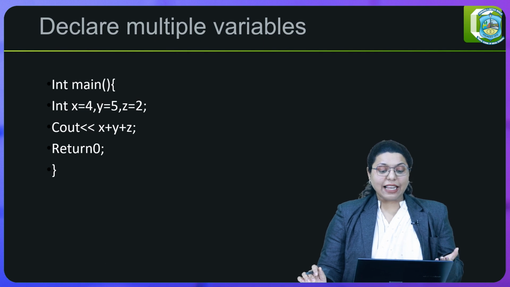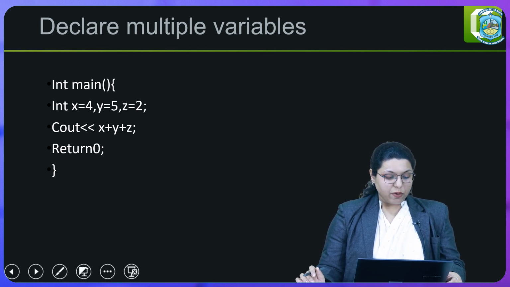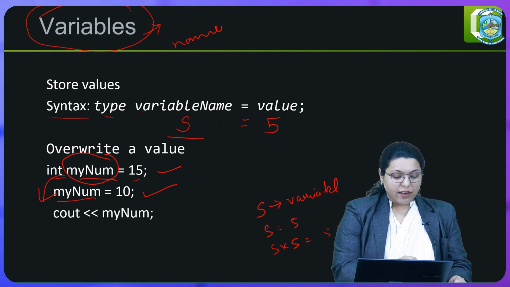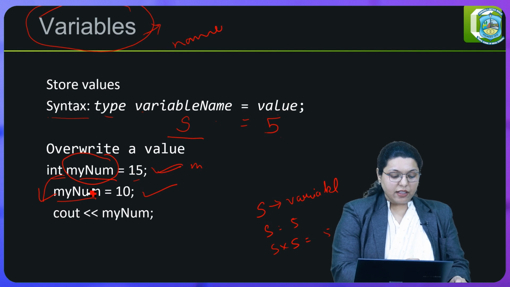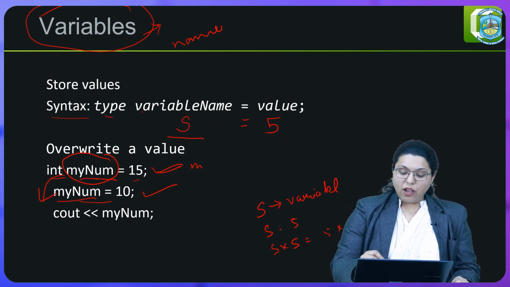Now, how to declare multiple variables together? Here in the previous program, I was declaring each variable in each line, like myNum in the first line, and then in the second line again I was defining the second variable as myNum is equal to 10. Else, the normal way, how do we write?